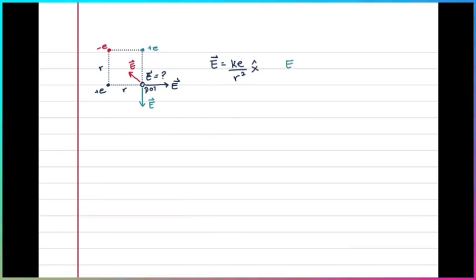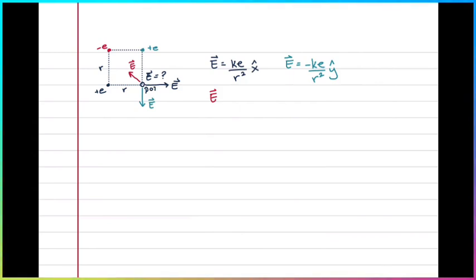The electric field in the upper right is going to then be negative kE over r squared in the y direction. So the negative makes it point down. And then the charge that is in the diagonal corner is not a distance r away, but is the distance square root of 2 times r away.